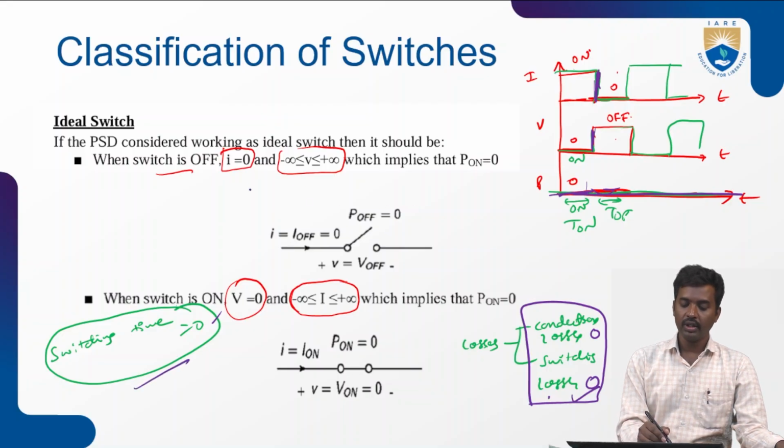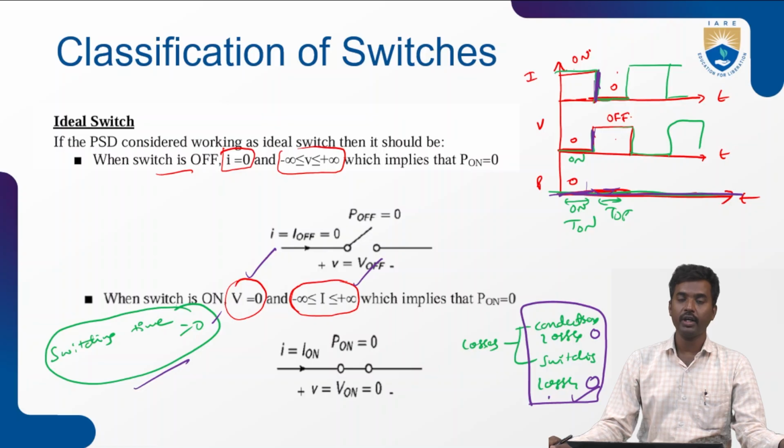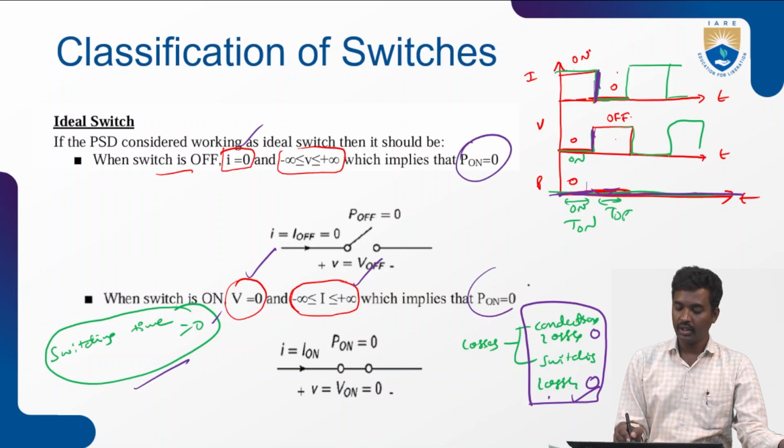During the on condition the voltage is 0 and it can allow an infinite amount of current. During the switch off condition it can withstand an infinite amount of voltage, the current is 0, and the power is 0.